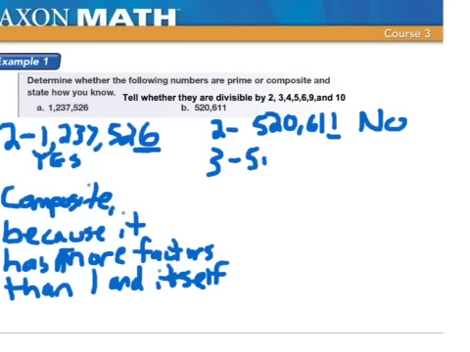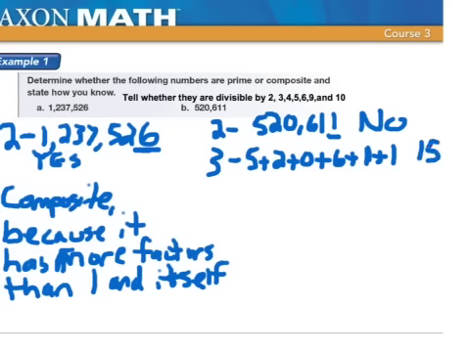So we take 5 plus 2 plus 0 plus 6 plus 1 plus 1. Well, 5 plus 2 is 7. 7 plus 0 is 7. 7 plus 6 is 13. 13 plus 1 is 14. And 14 plus 1 is 15.